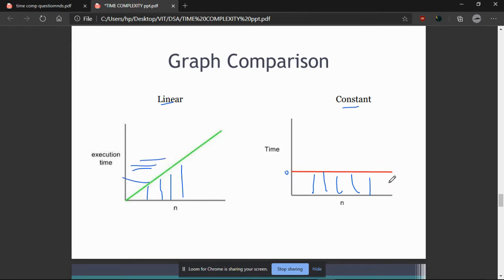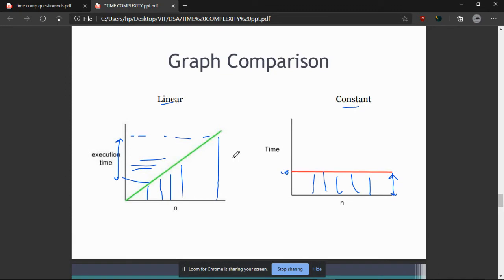So for example, take any large input. Here it will have the same execution time, and we take the same number of inputs here, but the execution time is very large compared to the constant one. So here we can say that this is better performing than this.